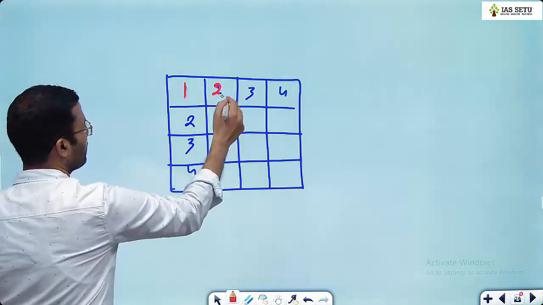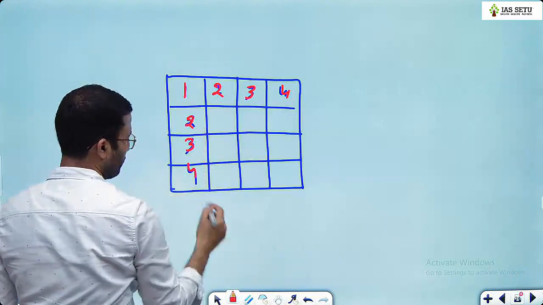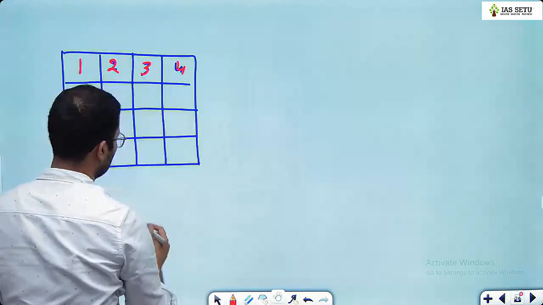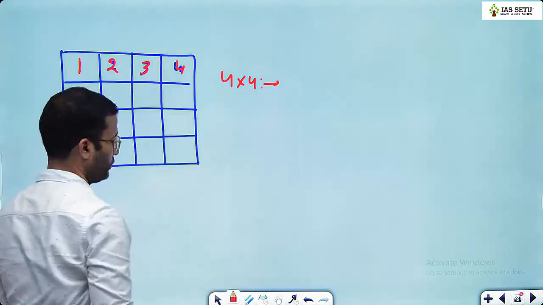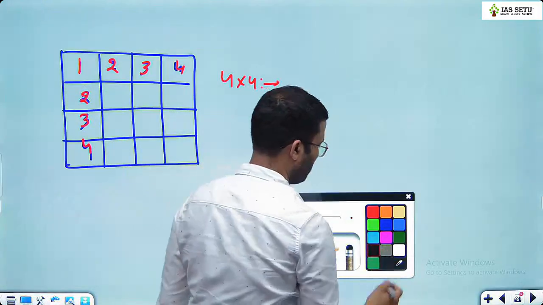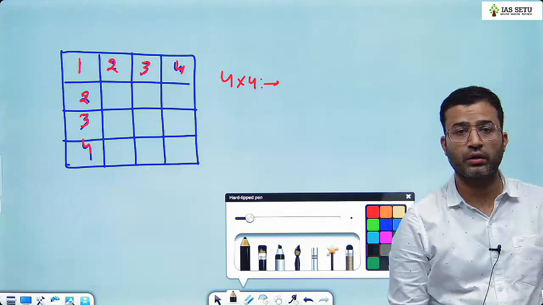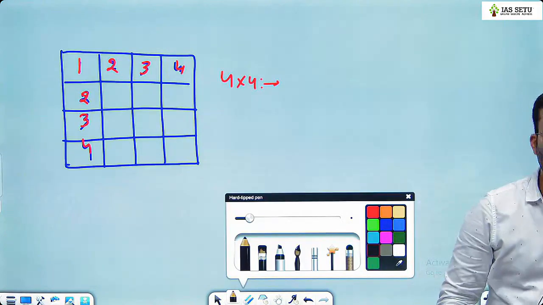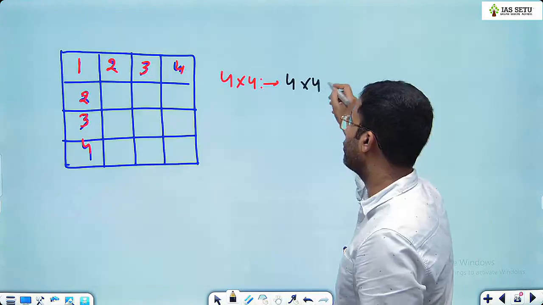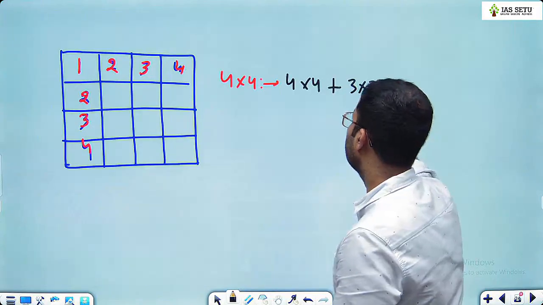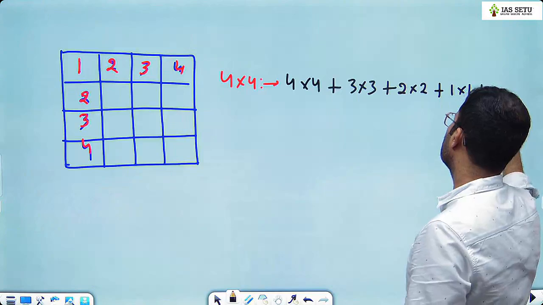This given figure is 1, 2, 3, 4 by 1, 2, 3, 4. This is a 4 by 4 figure. So according to the rule, we start with 4 into 4, 3 into 3, 2 into 2, 1 into 1, 0 into 0.